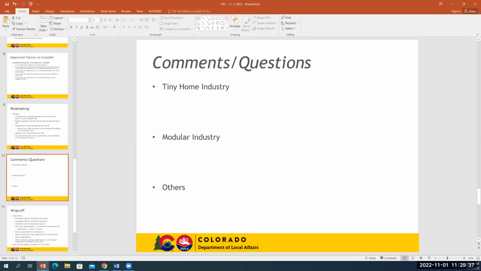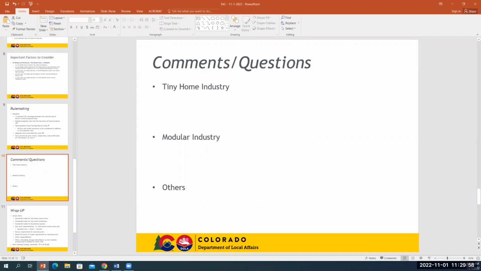The only comment I want to make about this, well, I guess a couple. First, I appreciate this meeting greatly. But second, I have fear and great concern that the builders of tiny homes here in Colorado are not adequately represented on the TAC, which has been something Thea has been pushing for quite a while.